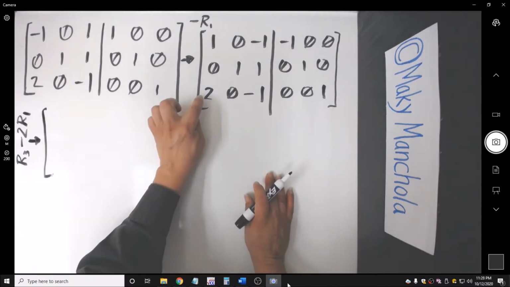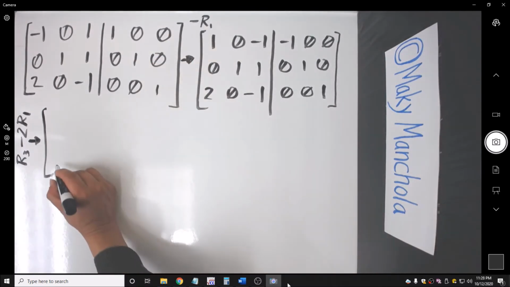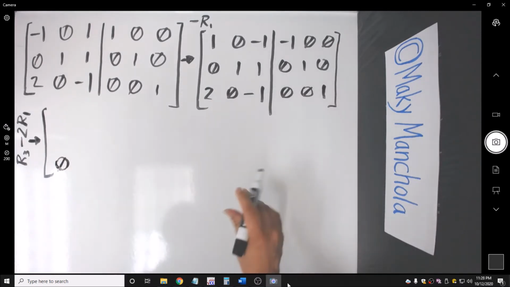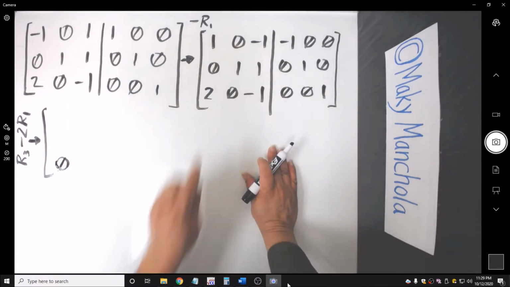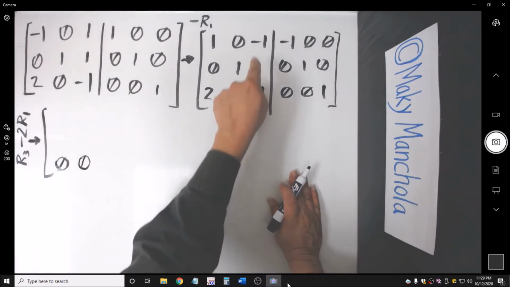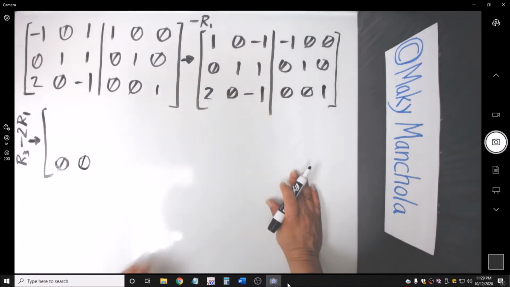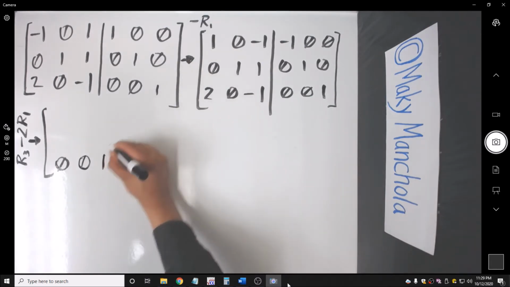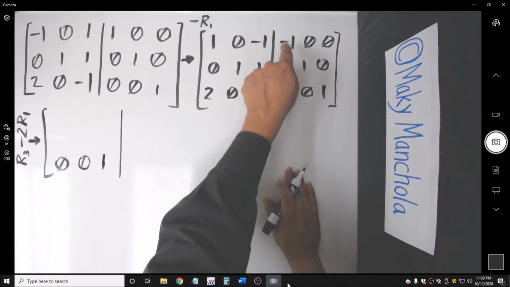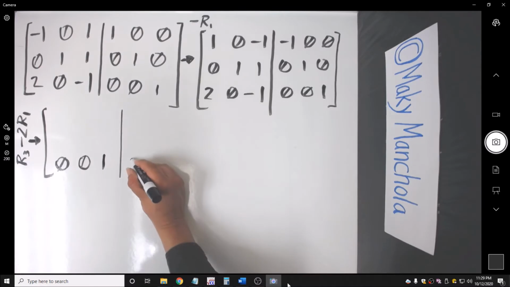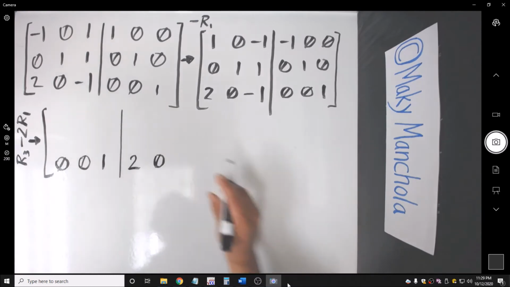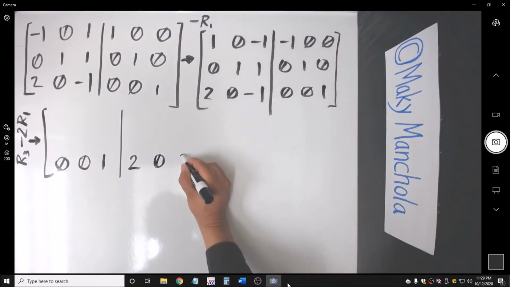Okay, so 2 minus 2 is 0. Mission accomplished. You wanted to make that a 0. 0 minus 2 times 0 is still 0. -1 minus 2 times -1 is -1 plus 2, which is 1. 0 minus 2 times -1 is 0 plus 2, which is 2. 0 minus 2 times 0 is 0. 1 minus 2 times 0 is 1.